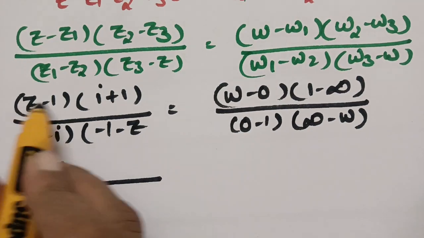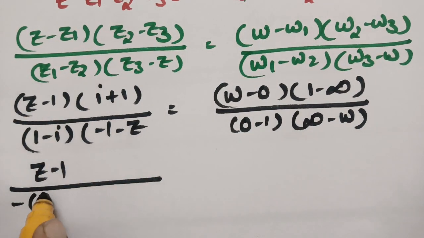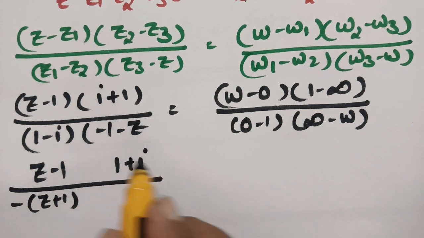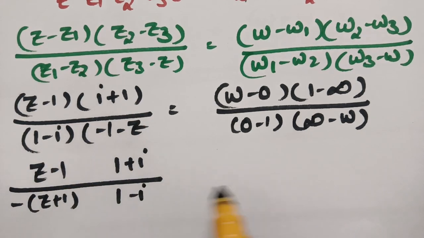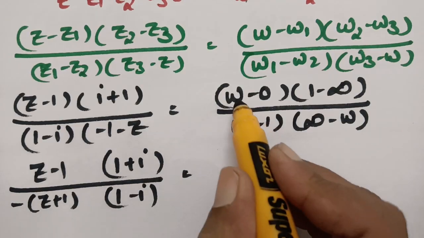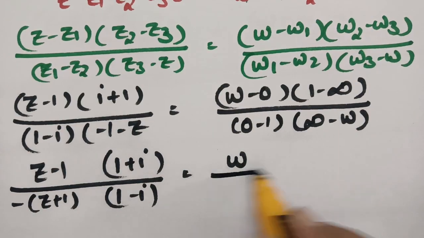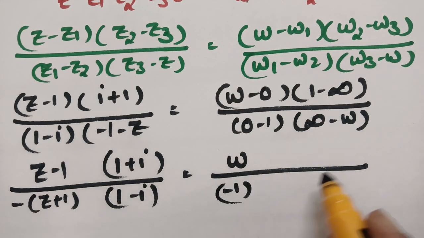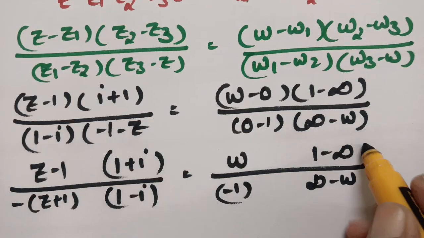This is Z minus 1, and if I take minus common, this will be Z plus 1. So this is 1 plus i, and down it is 1 minus i. Here W minus 0 is W, and this is 1 minus infinity and this is infinity minus W.